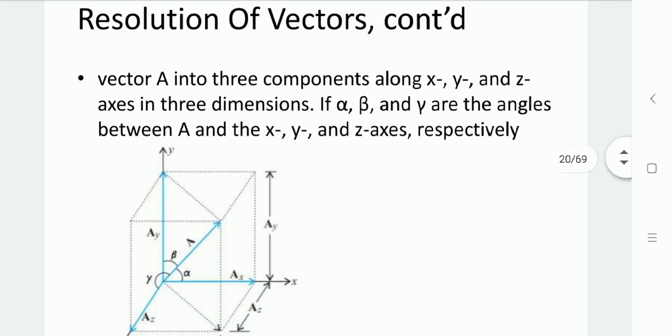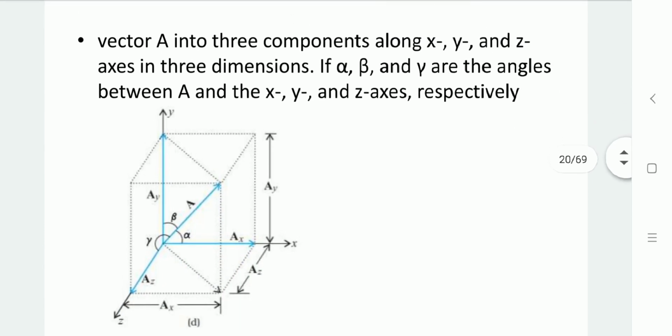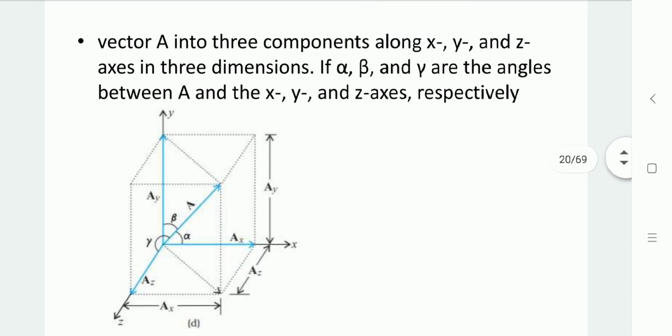Now, if we want to specify vector A in three components in space, it can be represented along all three directions, x, y and z axis. So here x, y, z and vector A, all four lines are represented with blue lines.